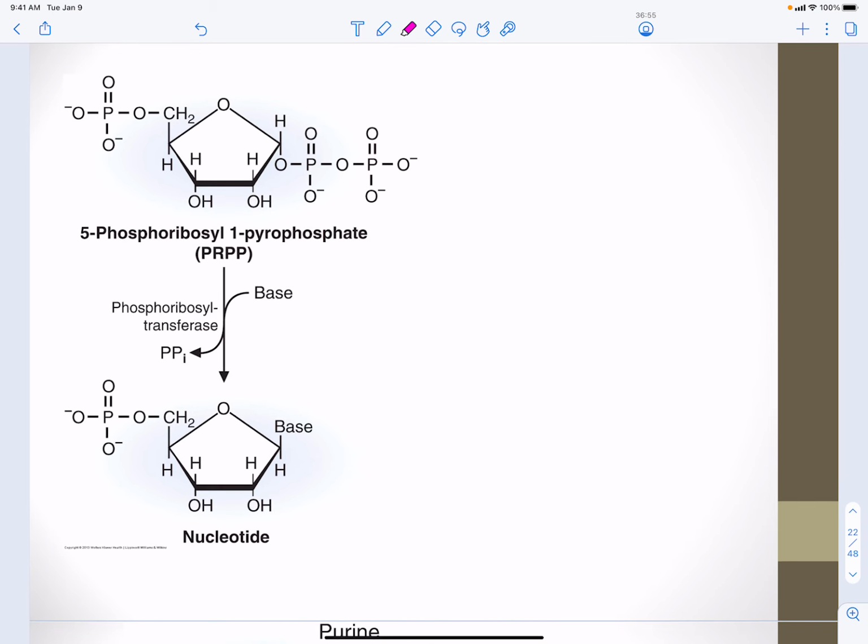Okay, so again, you have your phosphoribosyltransferase, which is catalyzing the addition of the ribose 5-phosphate group from that PRPP, the activated ribose, to a free base. And this generates a nucleotide and a pyrophosphate.